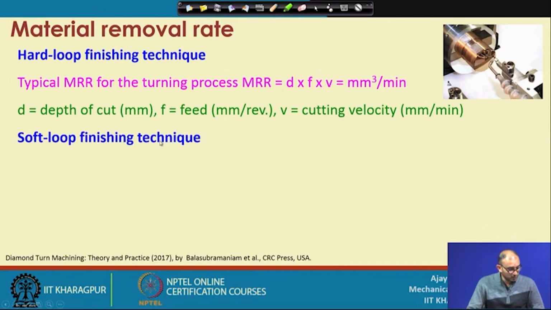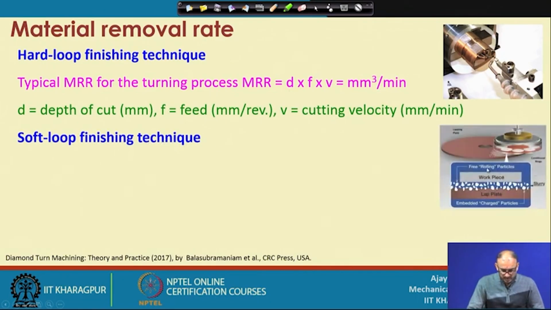But if you consider soft loop polishing, this equation cannot be used. Here multiple abrasive particles come into contact with the surface. So the depth will be different, because a bigger particle will indent more, so the depth of cut will be more in that case, and small particles will penetrate less in the workpiece, so the depth of cut will be less.